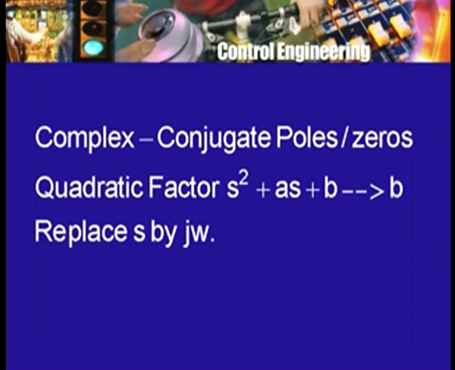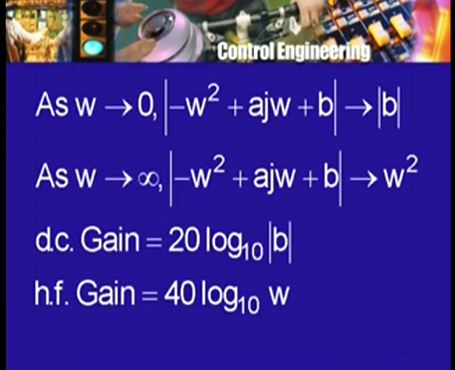At the high frequency end, because omega is large now, the terms coming from as and b are both negligible. So essentially we get the term coming from s squared, which is simply minus omega square when s is replaced by j omega, and then we take the modulus of this and 20 log to the base 10.